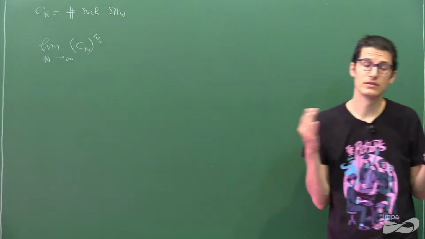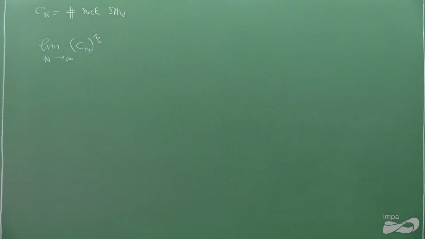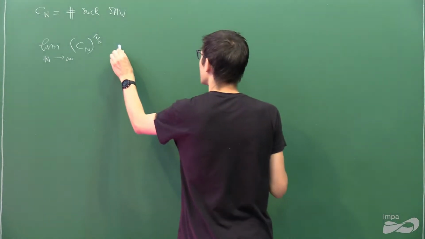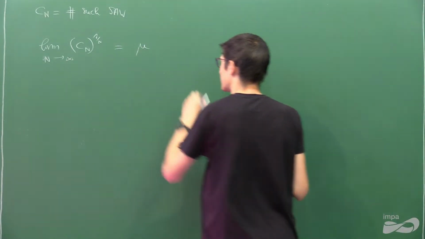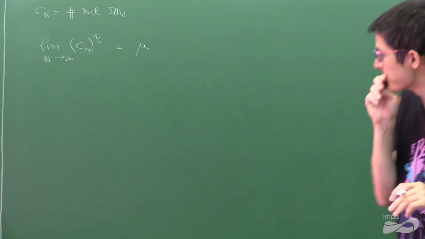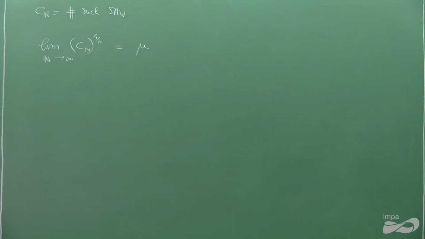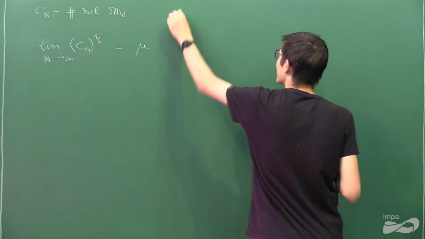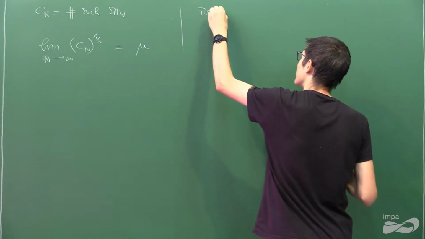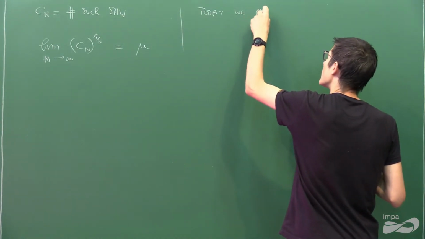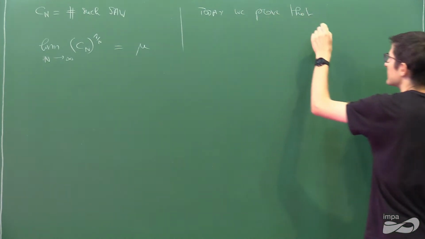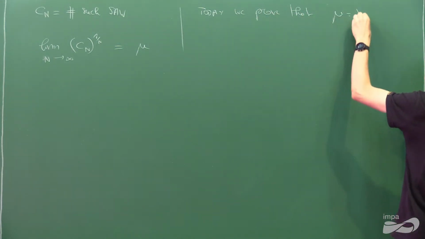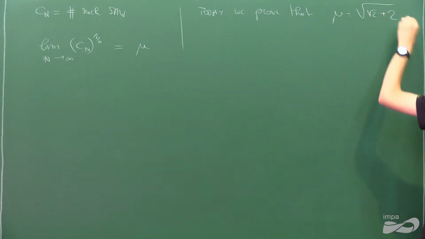And the idea to prove this was just to show that C_n was submultiplicative. This limit is mu. Okay, so what we want to prove today, and in fact today and tomorrow, we prove that mu is equal to square root of 2 plus 2.